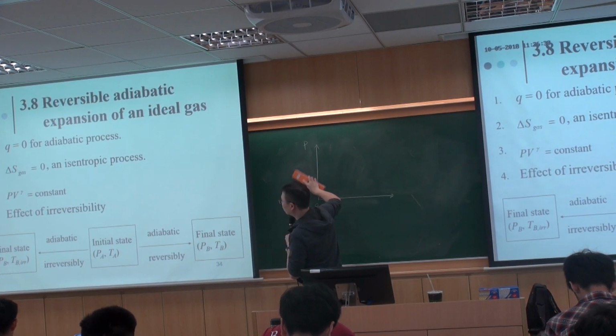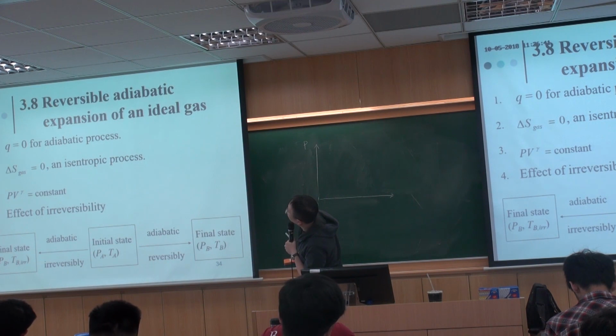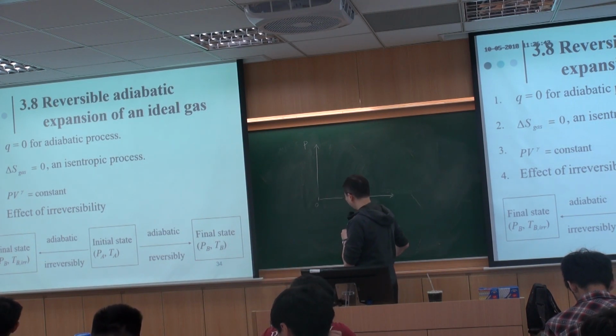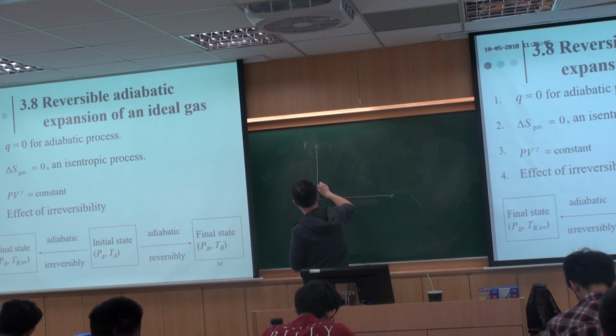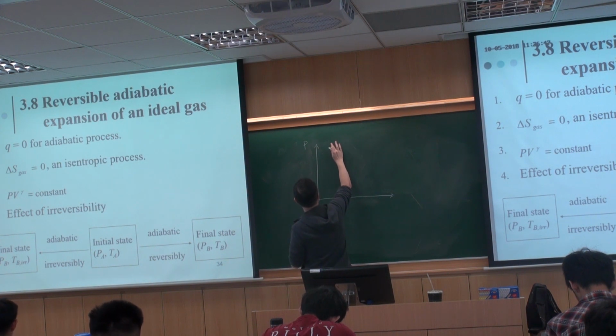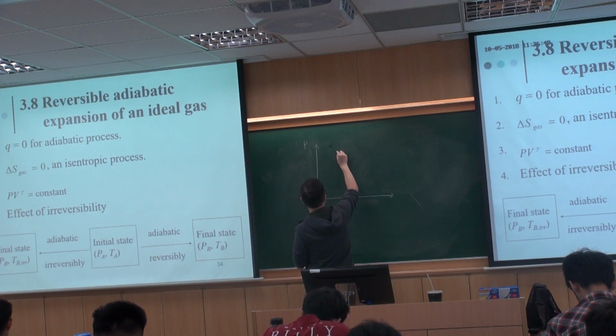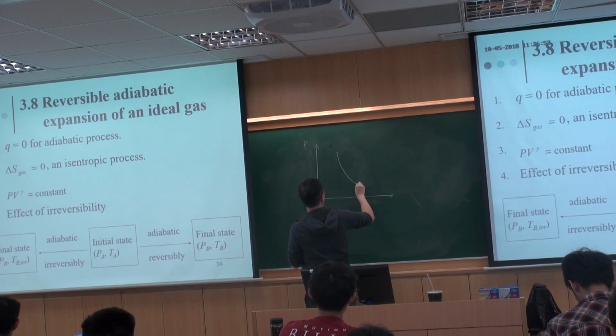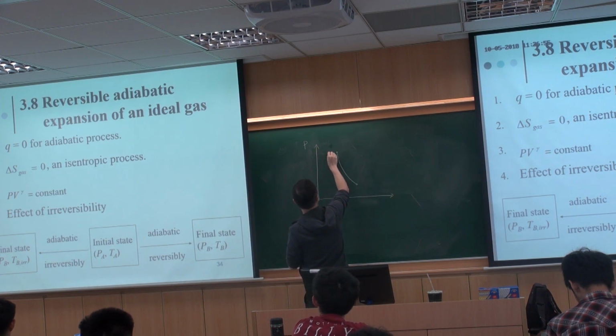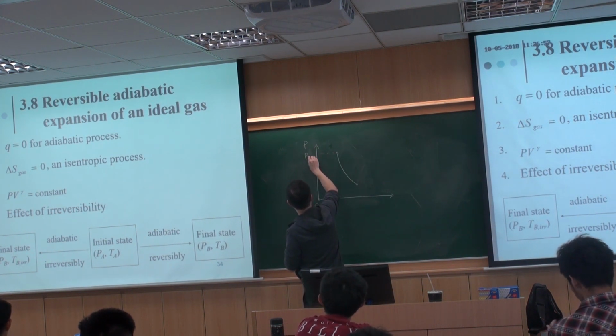And right now we're talking about expansion. So this is an expansion process, a very usual example being adiabatic. So we have here, and maybe we end up something like this. So this is PA.